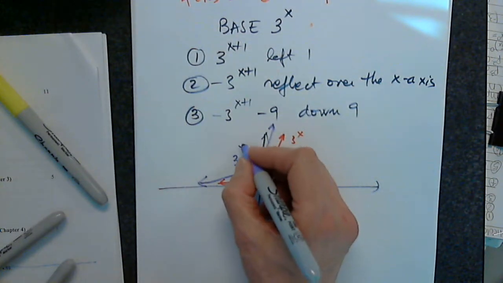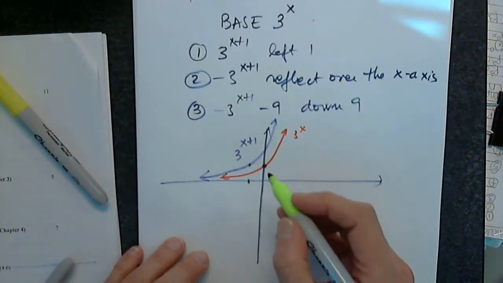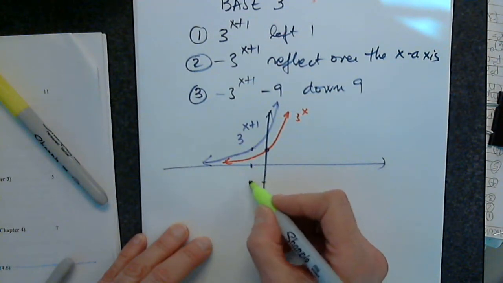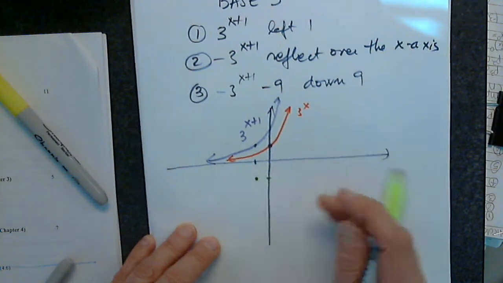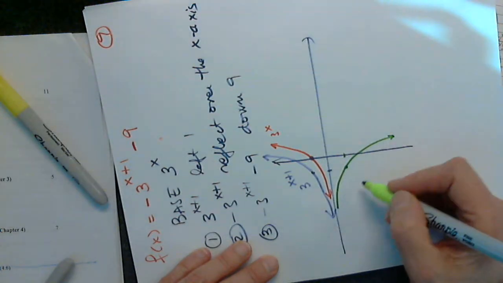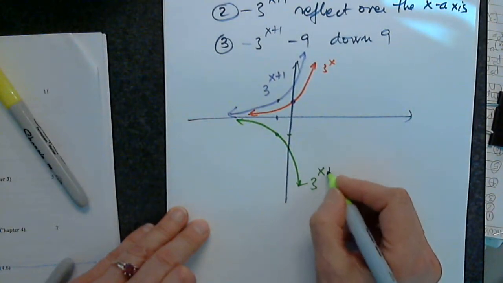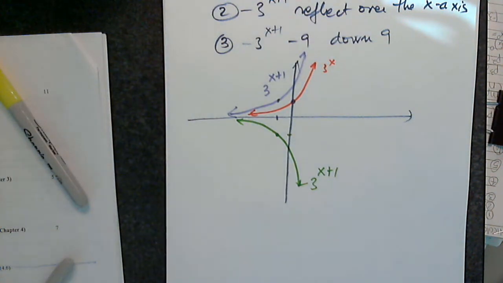So this is 3 raised to x plus 1. Then you said reflect with respect to the x-axis. So this point that I'm watching carefully will move here, and the graph will be something like this. So this is negative 3 raised to x plus 1. The horizontal asymptote stayed the same.